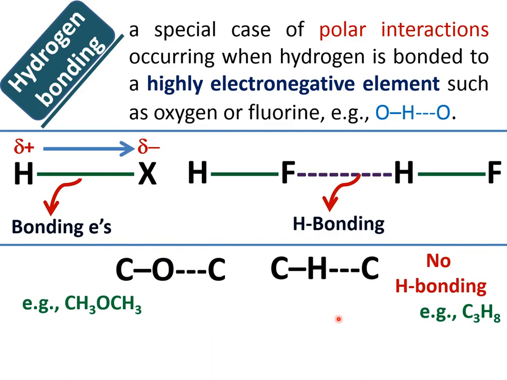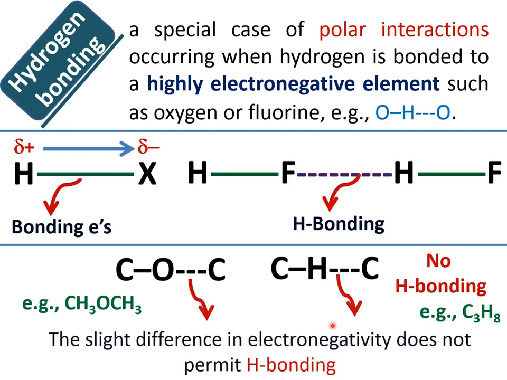The same applies for propane, so we cannot call this a hydrogen bond. Yes, there is a small difference in the electronegativity. Yes, of course, but still higher, but not so far from the electronegativity of fluorine or chlorine. They are still close to each other.